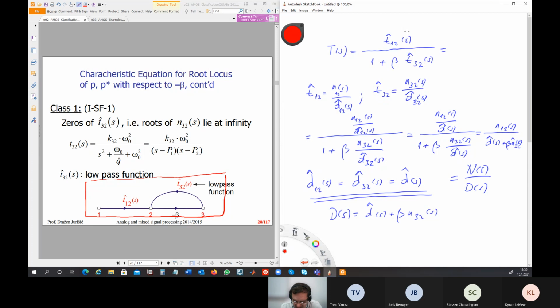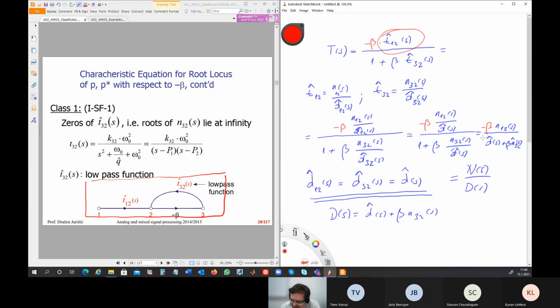T12 is here. And what is also missing here is minus beta, but it's okay. So the numerator here is also minus beta, but it doesn't matter much.